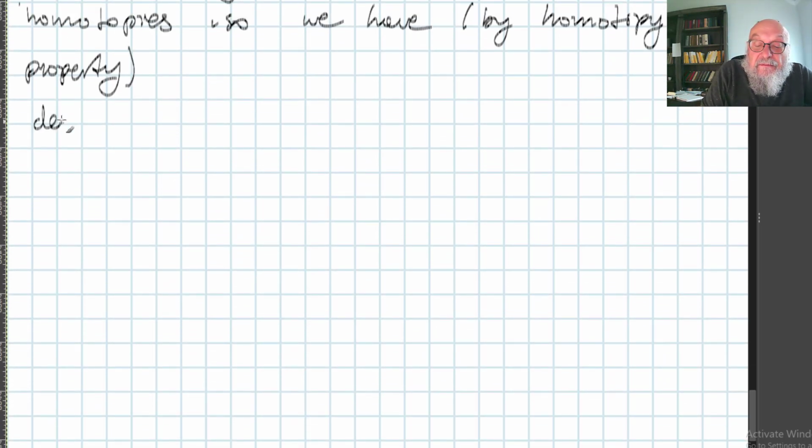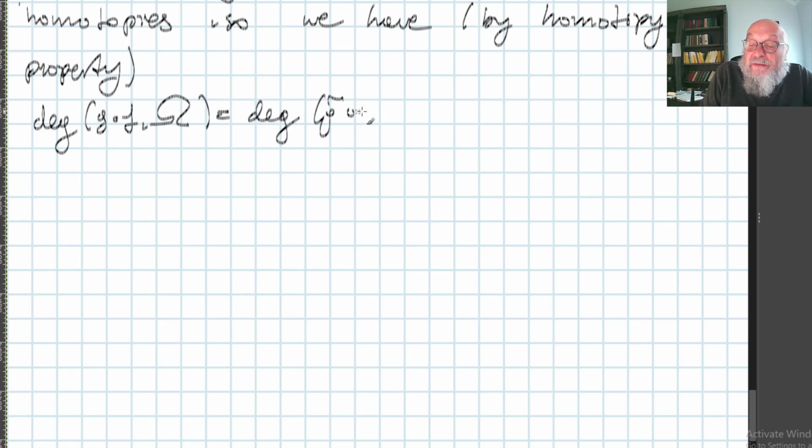The degree of G composed with F on omega is equal to the degree of G tilde composed with F, like we showed above, and now we can use this homotopy property.